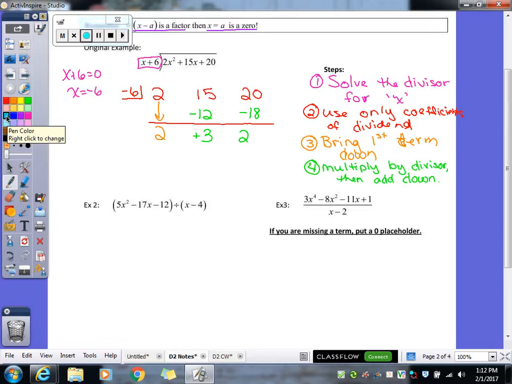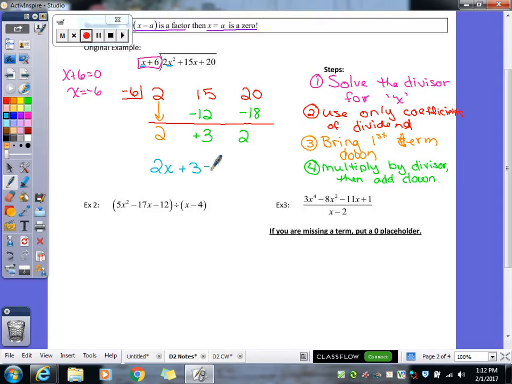Now, since we were dividing originally up here with something that has x to the first term, when you write your final answer, your exponents are always down by 1. So since this started as an x squared, when I write my answer, this is just going to be 2x to the first. That's going to be a plus 3.